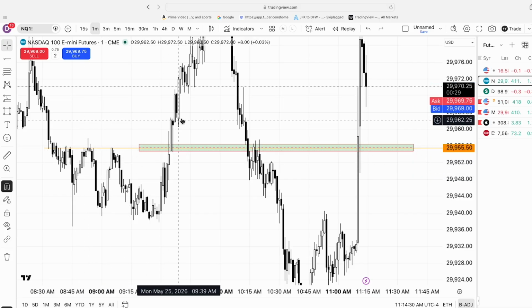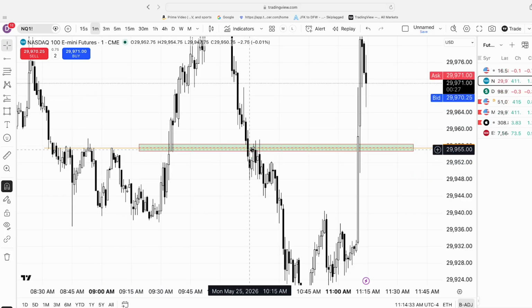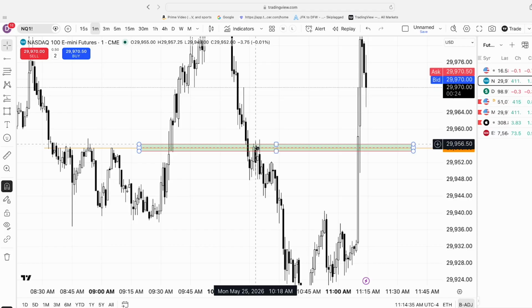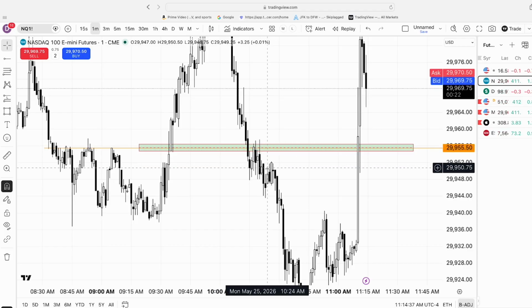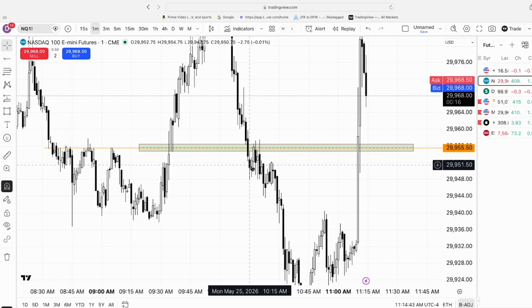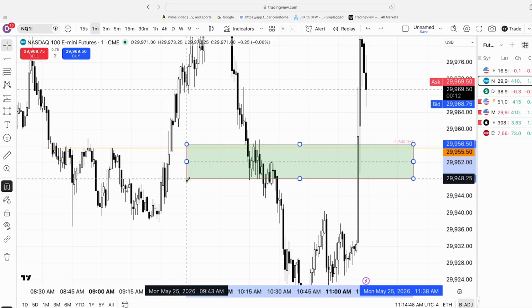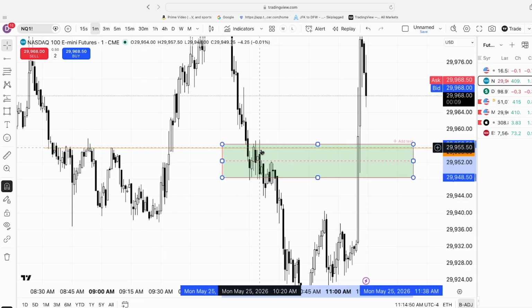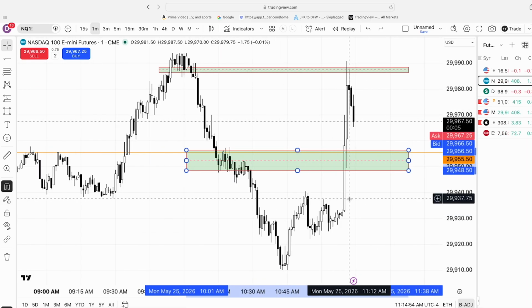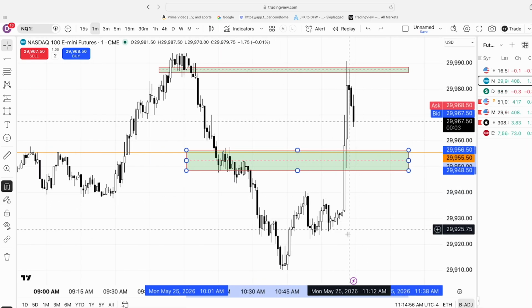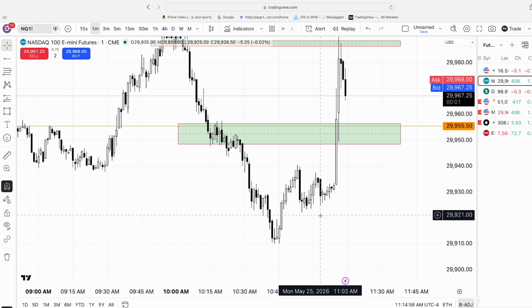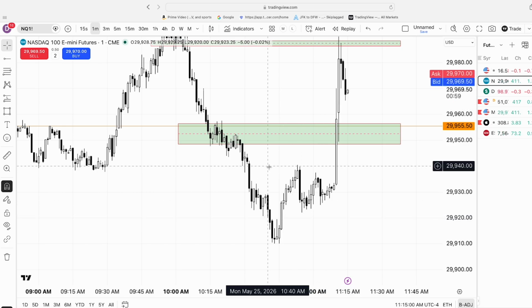One, because it broke a support here and it created a fair value gap. And on the way down, it did stop and come back here on the way down. You know what I'm going to say? This block right here was kind of important. What else?